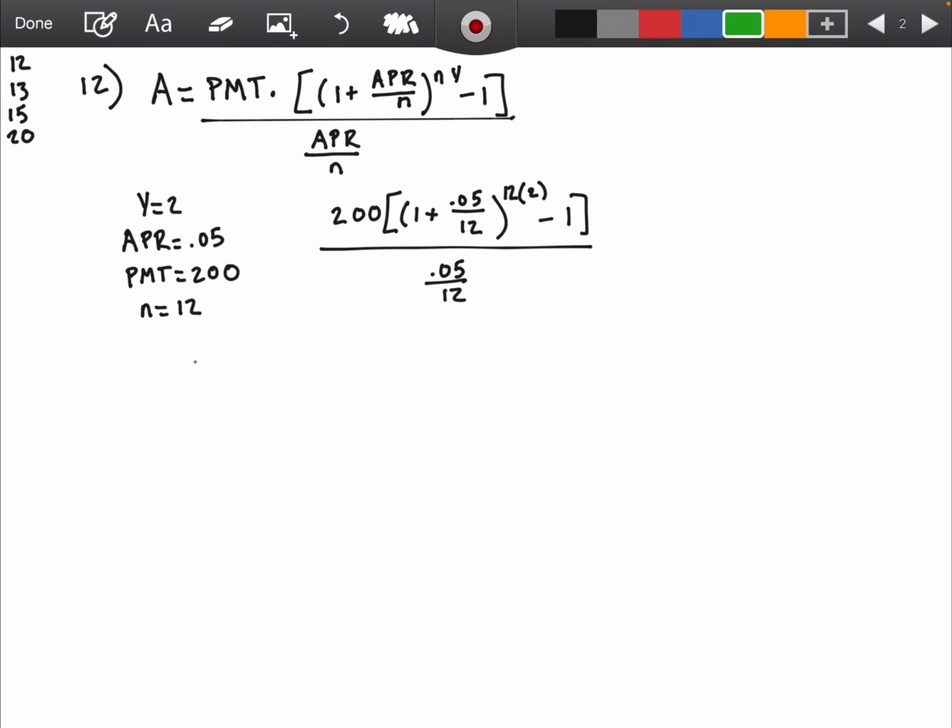All right, let's do this in the calculator. I'm going to start with this part. One plus 0.05 divided by 12, raised to the 12 times 2. So I'm just going to do that.